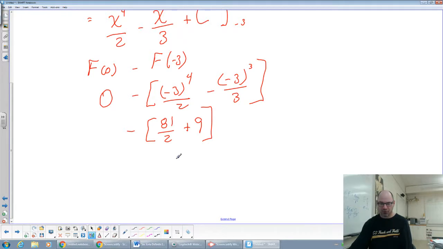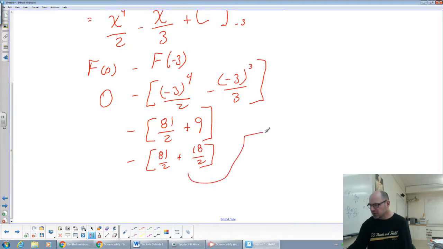If we want to do this one, change 9 to halves: 81 over 2 plus 18 over 2. So this gives us 81 and 18, and if we add those two together, we get 99 over 2, negative still out front.